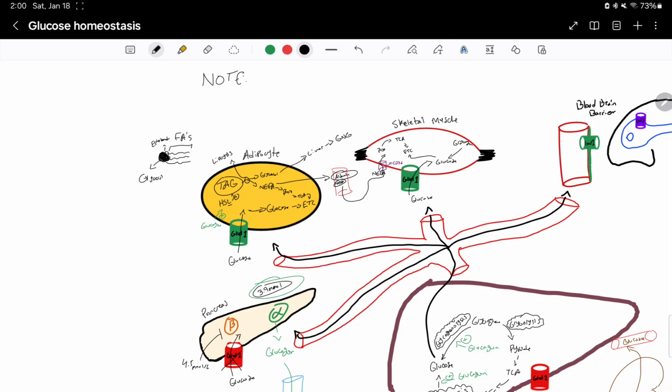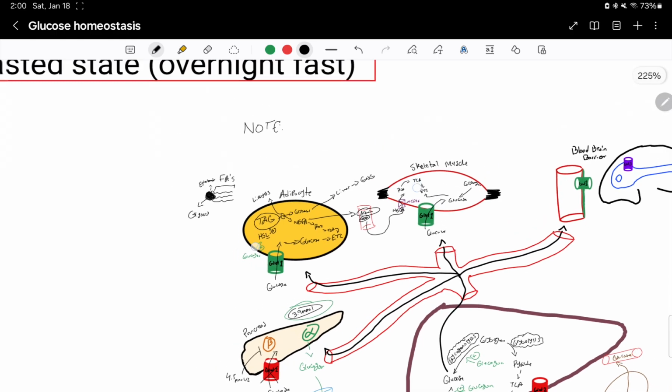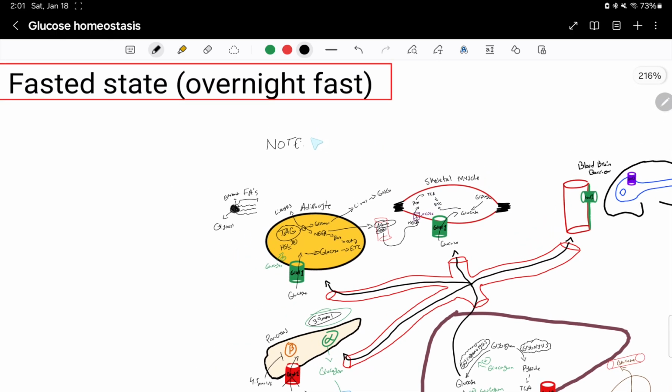During the fasted state, because that's where we are, the brain, the gut, and the red blood cells have about 75 to 80% glucose utilization.